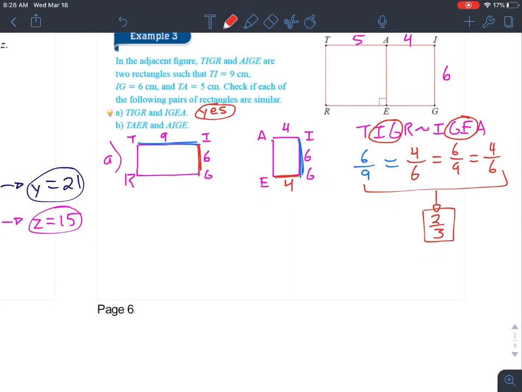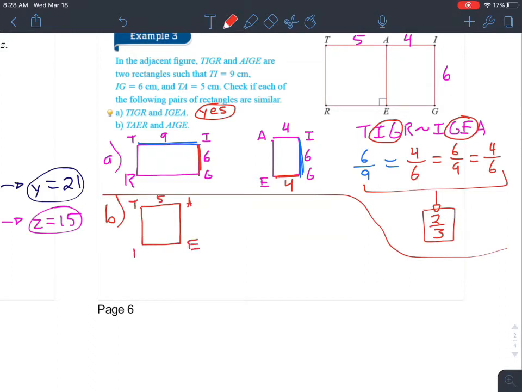All right. Then for part B, now we are doing TAER and AIGE. So TAER, that had the width of 5, and we knew it had a height of 6.